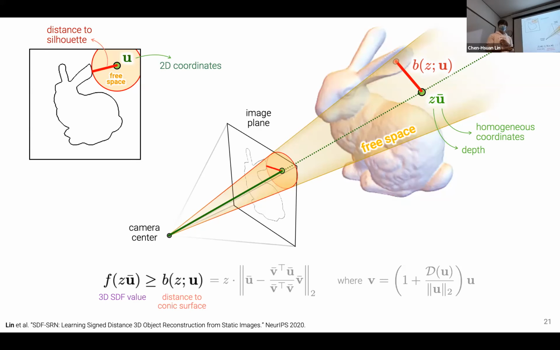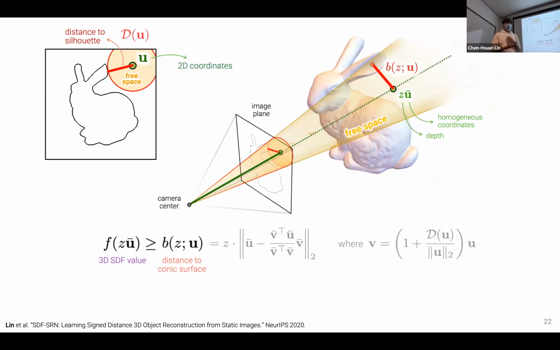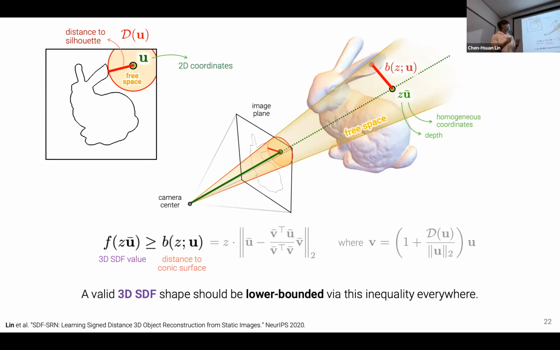So we can use this as a supervisory signal for the actual 3D SDF value. A valid 3D SDF shape should satisfy this inequality everywhere in order to be a valid SDF shape.